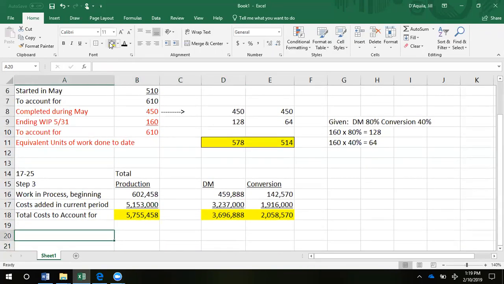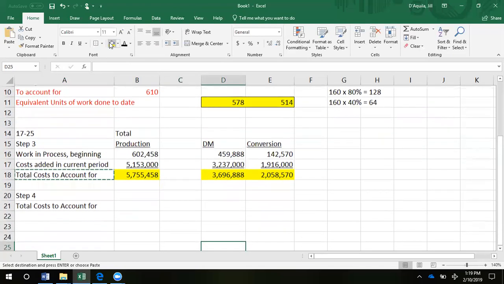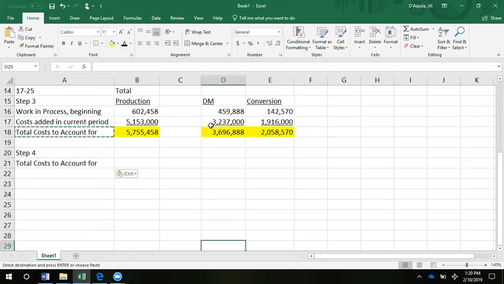And step 4 is really putting the information together. So I'll copy down here my total cost to account for. And I'm only going to deal with the numbers, these two numbers.